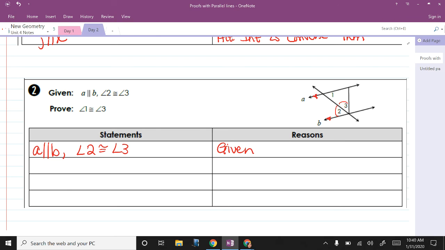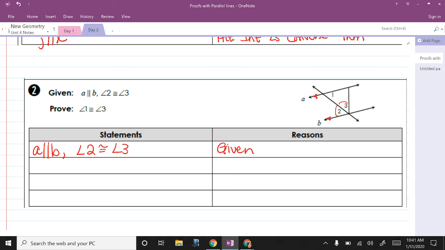All right. I'm trying to prove that angle 1 and angle 3 are congruent. So I know 2 and 3 are congruent, and I know that these lines are parallel, right? Well, if I ignore this little stick right here, isn't that a transversal? Do I see a relationship in there?